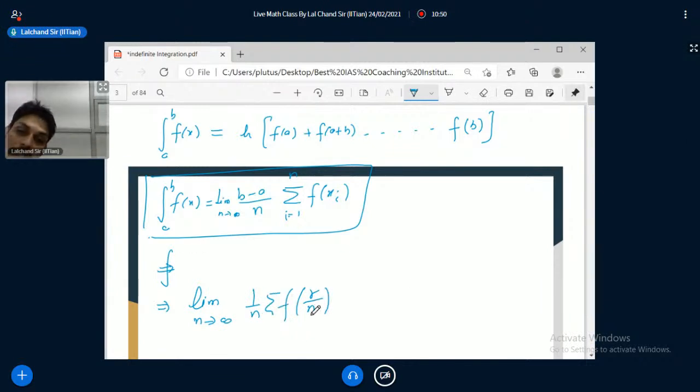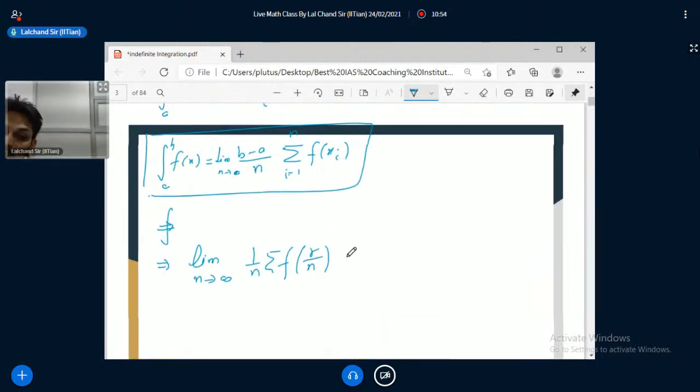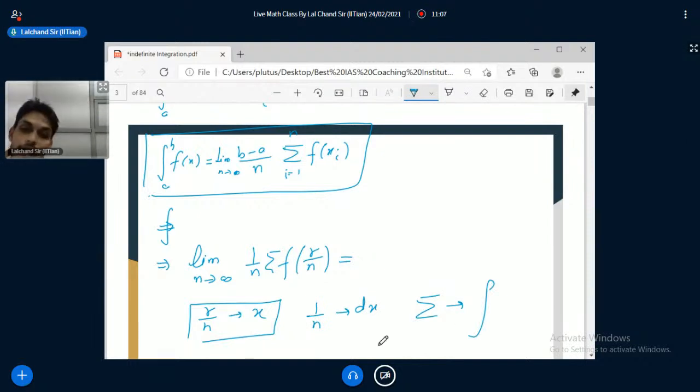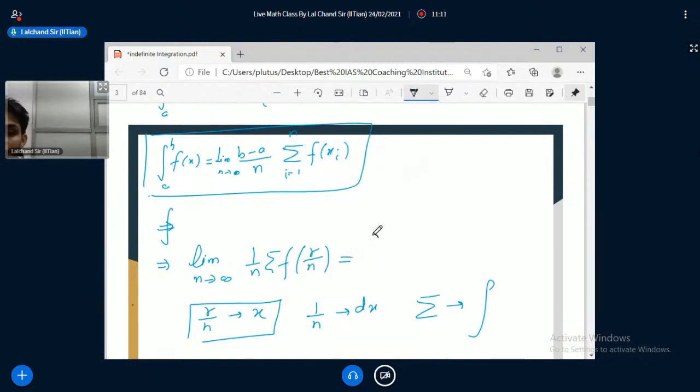If we convert this limit into an integral, we can write r by n as x, 1 by n as dx, and sigma is replaced by the integral. So I can write this limit as the integral from 0 to 1, this is f(x) and this is dx.